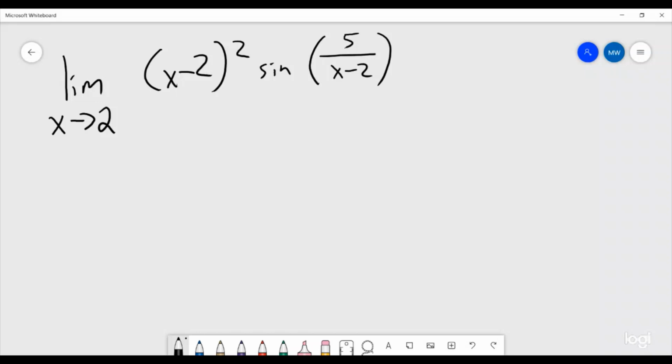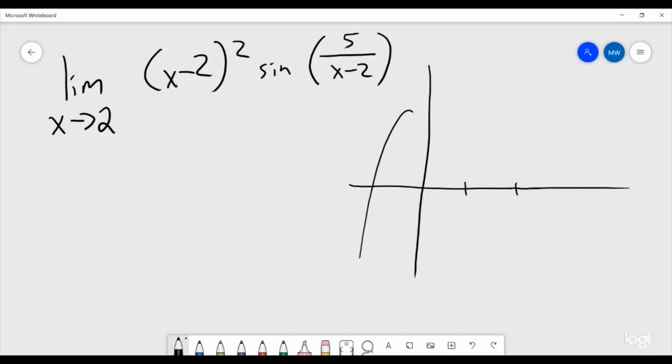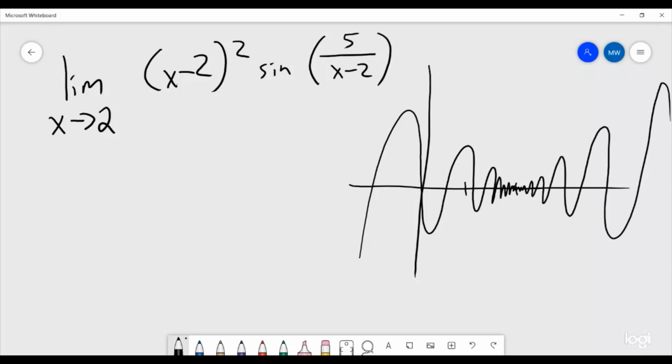Well, if we look at the graph of this, at 2, there's 1, there's 2, the graph of this is looking something like that. So if we were to graph it, it looks like it's going to 0, right there.